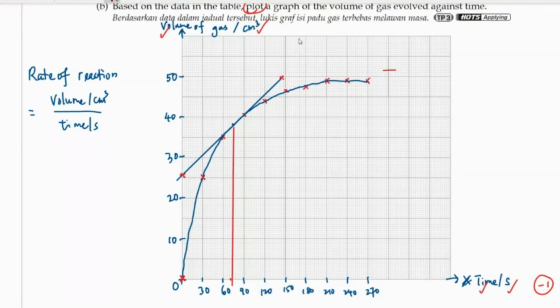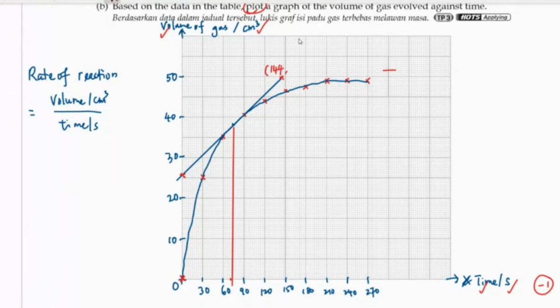It's up to you, based on your own one. Okay, now I want to read out the coordinate. So this one is roughly 140, x first, then y. 144.